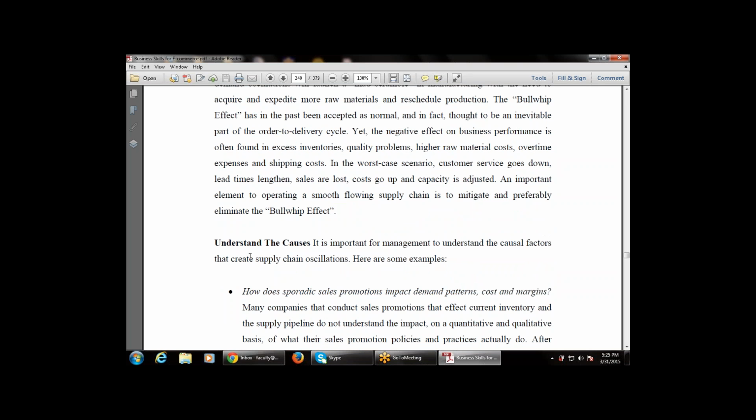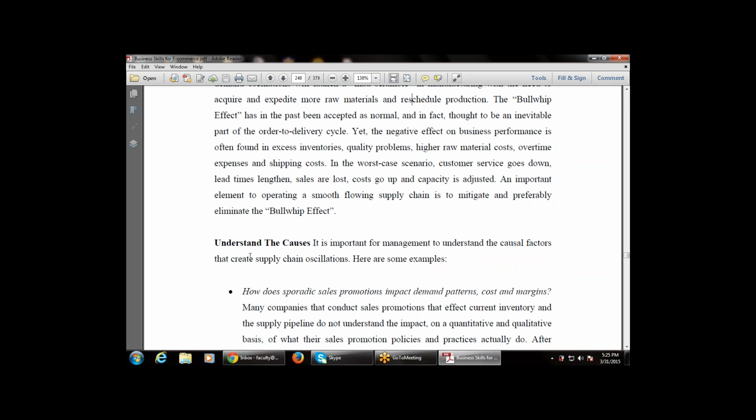Now, understand the causes. First of all, understand the main cause of the bullwhip effect in supply chain management. It is important for management to understand the causal factors that create supply chain oscillations.